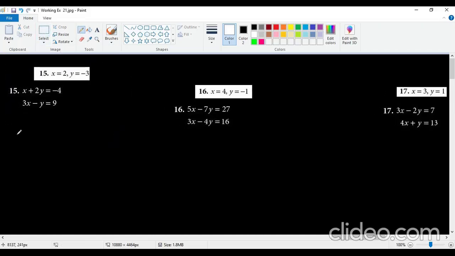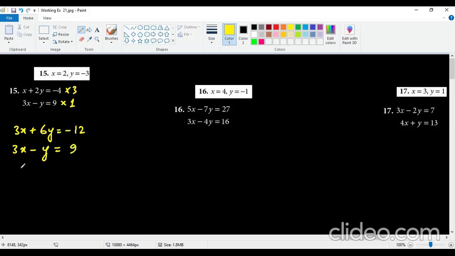It says x plus 2y equals negative 4. So I'll multiply this equation by 3 simply, and this equation by 1. So this is giving us 3x plus 6y equals negative 12, and this will remain the same, minus y equals 9.